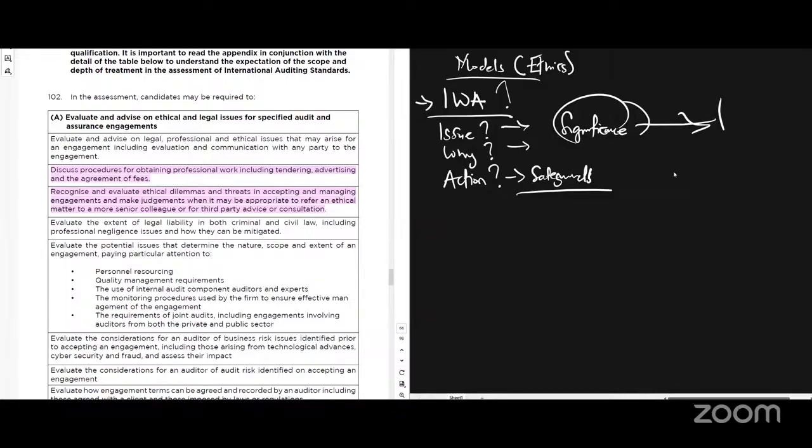So this safeguard, we can look at it from 3 levels. The safeguards can be provided by the profession. The ICA profession itself has some safeguards, some actions that can stop people from taking advantage of these situations, or acting unethically. By the profession, one, there are CPDs which you must comply with.